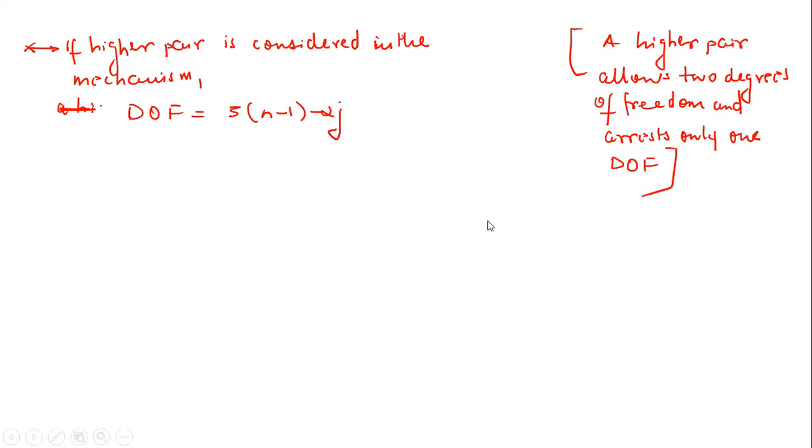So if in a mechanism anywhere a higher pair is present, that means 1 degree of freedom per higher pair will be arrested.